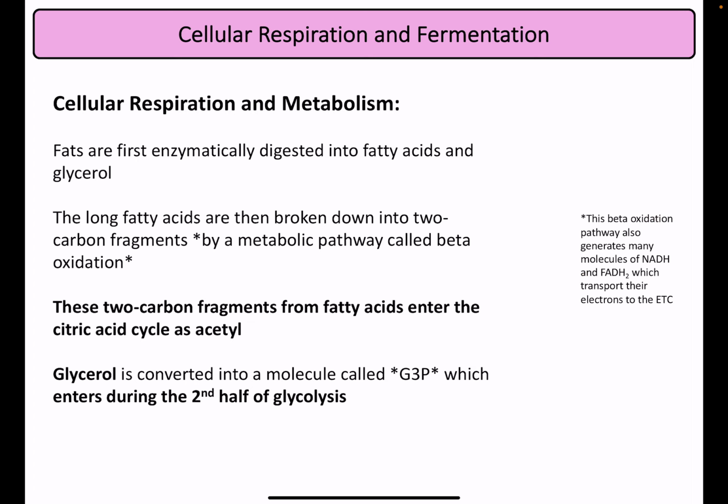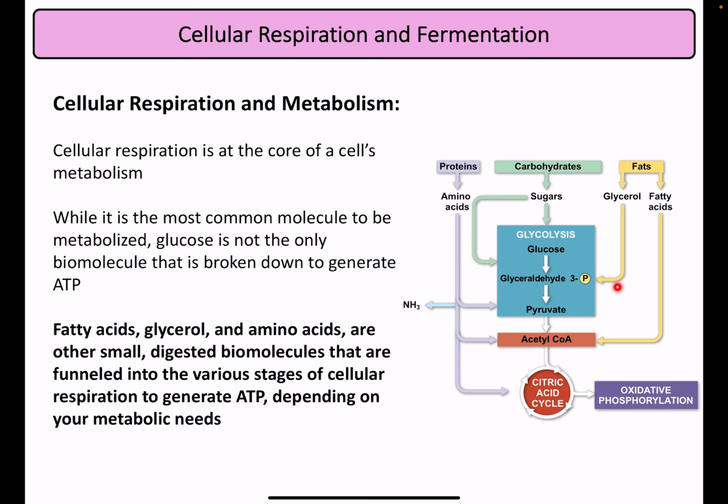You don't need to know this, but the name of that pathway is called beta oxidation. Main point is, when you break down a fatty acid, you get tons of these little 2 carbon chunks. You can funnel all of these little pieces of your fatty acids into the citric acid cycle, as you can see here, and they enter as acetyl.